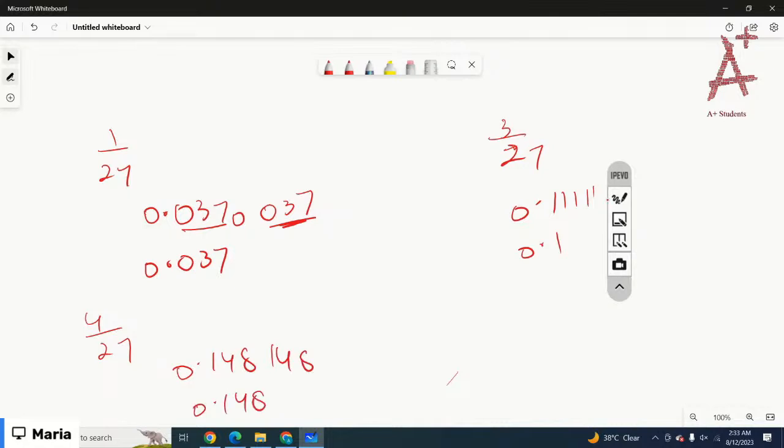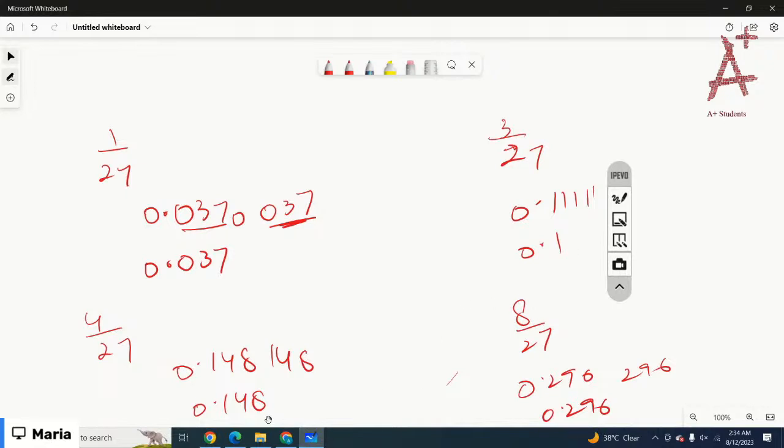So you can write it as 0.148 recurring, right? Okay, then you have 8 over 27. For 8 over 27, it would be 0.296296 and you can write it as 0.296 recurring. That is again a recurring decimal, right? 296 is repeating again and again, right?